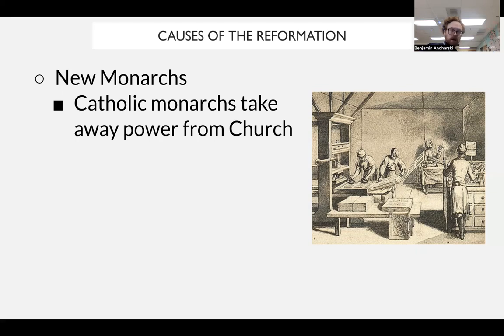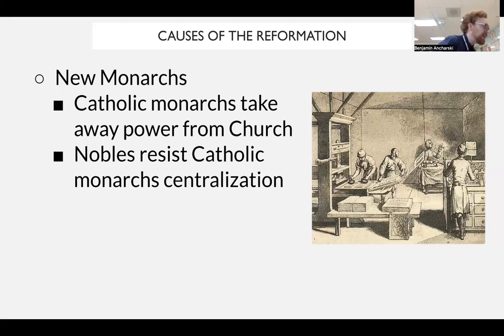The Catholic Church is becoming subordinate to secular or non-religious leaders. Well, non-religious in the sense that they aren't the Pope. So we do see a rise in secular power that comes at the expense of church power. But the rise of this secular centralization also comes at the expense of another group who will largely support the Protestant Reformation, and that is the nobility.